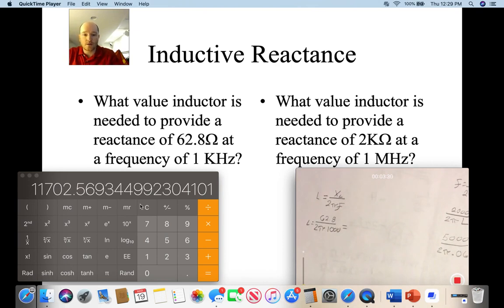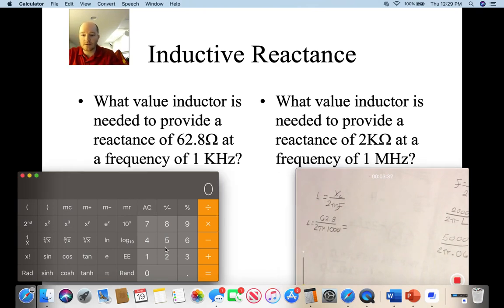So let's go ahead and type this into the calculator. 62.8 divided by, open parentheses, 2 times pi times 1,000, close my parentheses up.